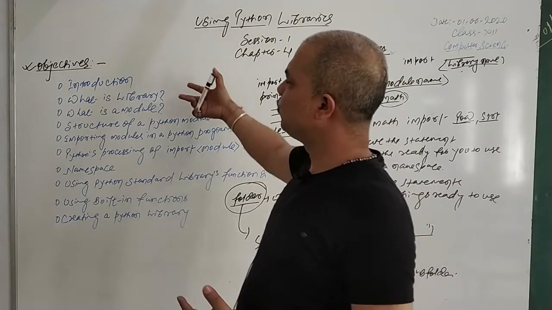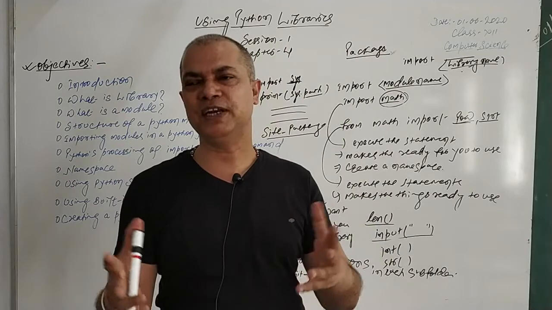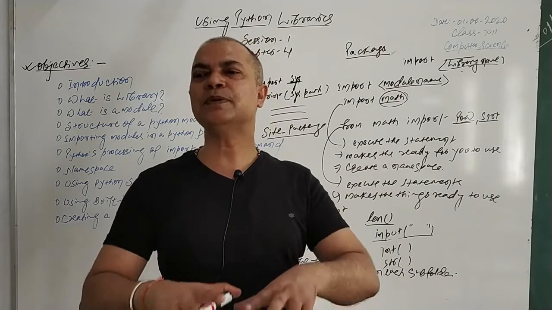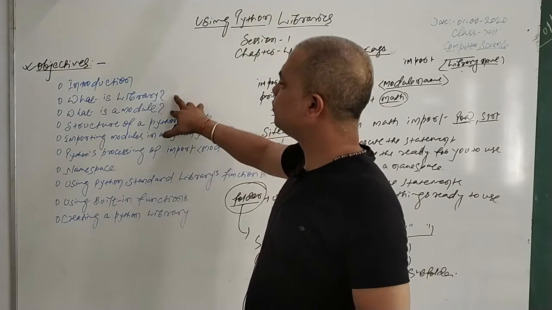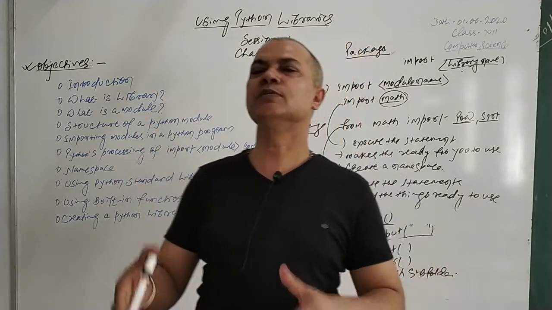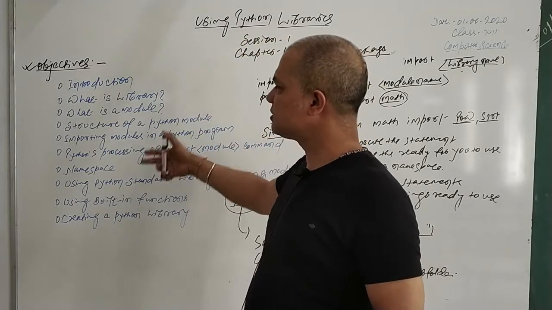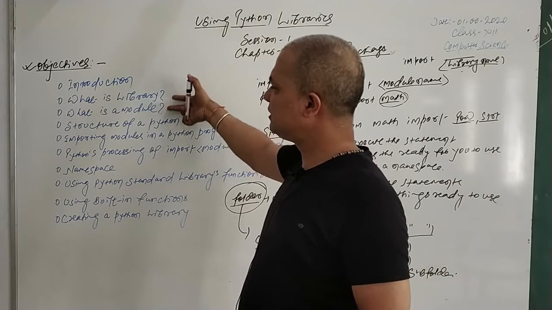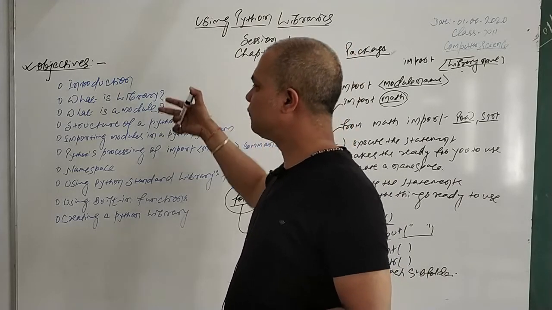The main things we learned: a library is a collection of modules of different kinds which help us cater to a particular need in Python, and modules are separate .py files where we have functions, more than one function may be there, that help us to perform the task. So a module is a separate .py file that we create in a particular library, and a module can have more than one function also.